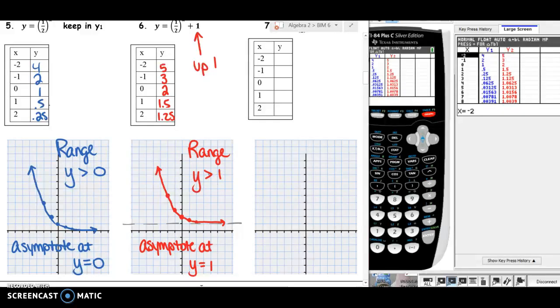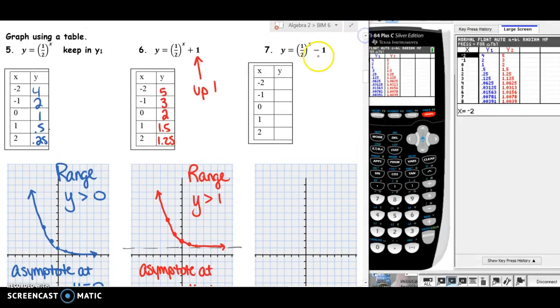Y is always greater than the asymptote. What do you suppose is going to happen in number 7 with the -1? This would move the whole graph down 1, which would also move the asymptote down 1, and that would make the range of the graph y is greater than -1.